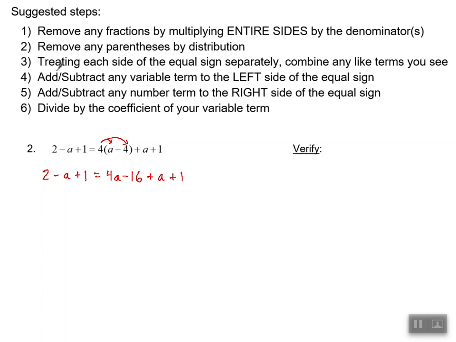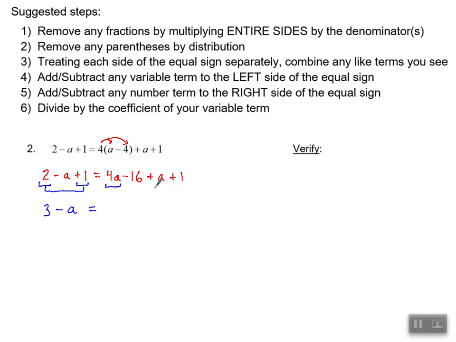Number 3, treating each side of the equal sign separately, let's combine like terms. On the left side of the equal sign, I see a 2 and I see a 1, and those are like terms. 2 plus 1, of course, is just 3. And then the negative a will follow right after. I've got the equal sign. Let's look what happens on the right side. I've got 4a and 1a.